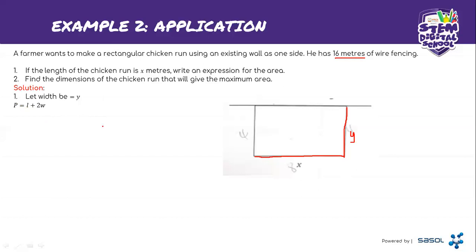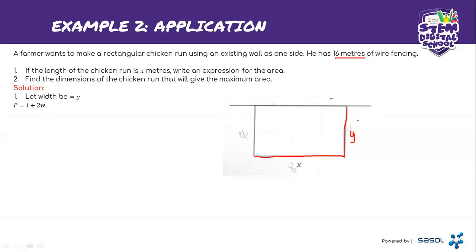Why? Because if we come to this picture here, they said that the other side is already existing, and this side is a wall, right? So there is no need to write 2 length. We're only going to work with this length here, which is x. So we're only having 1 length.